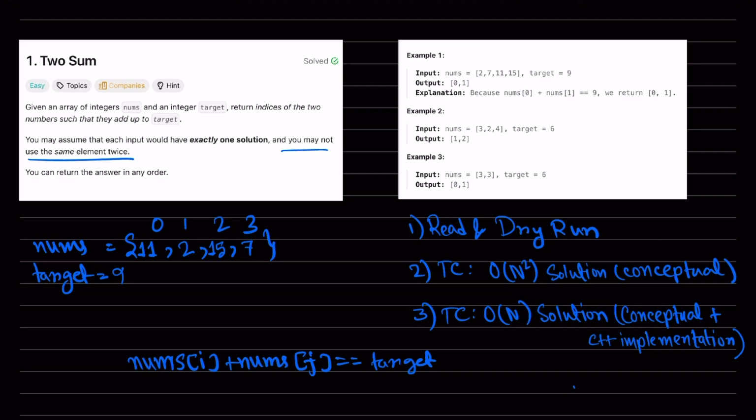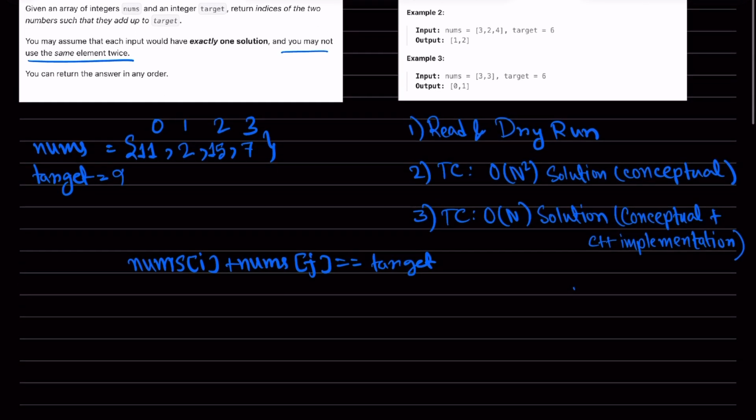We are given an array of integers nums and an integer target. Return the indices of the two numbers such that they add up to target. What this is saying is that we are given an array nums, and if nums[i] plus nums[j] is equal to target, the sum is equal to target, that means we have a valid pair of i and j, and this is my answer, i comma j.